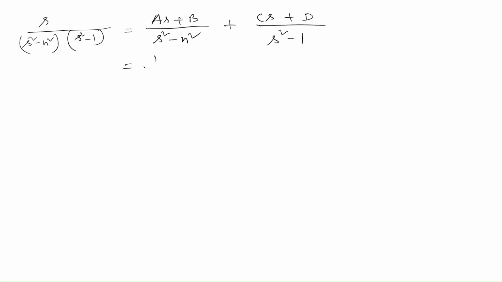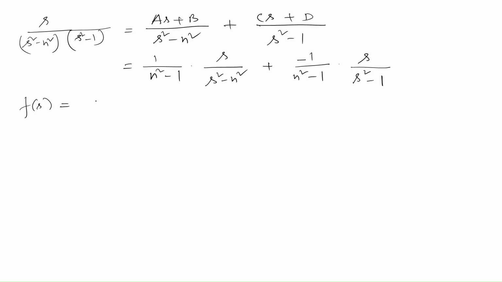A is 1 by n square minus 1 and this is s by s square minus n square, plus c is minus 1 by n square minus 1 and d is 0, so this is s by s square minus 1. Now what is Fs?